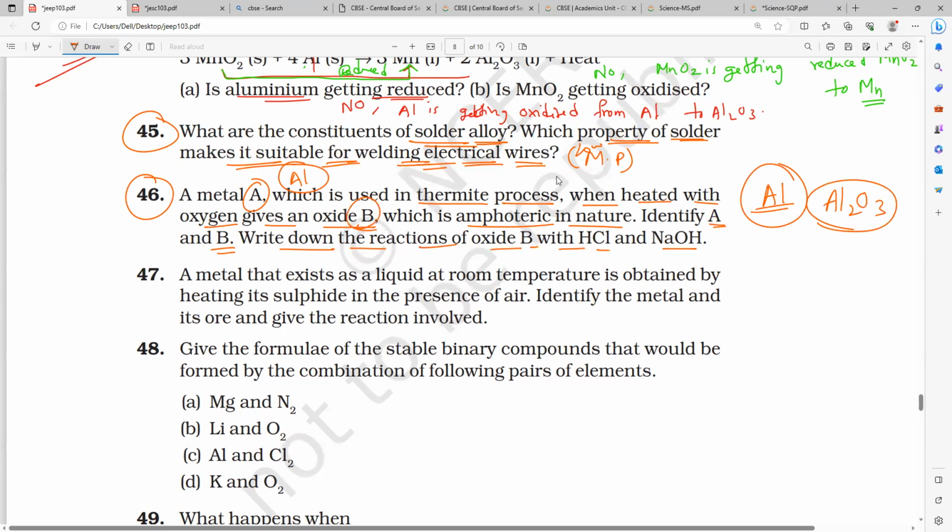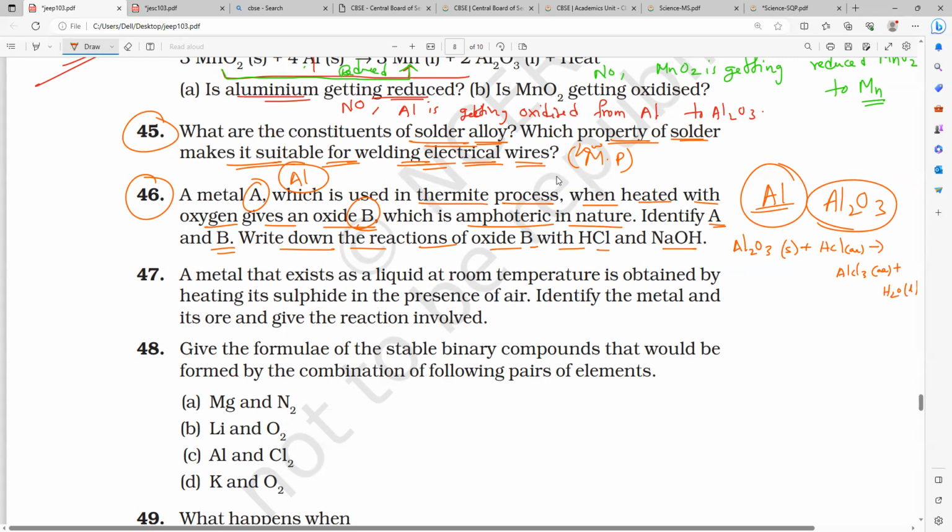Girls will do HCl, boys will do NaOH. Al2O3 reacting with HCl gives AlCl3 plus H2O.